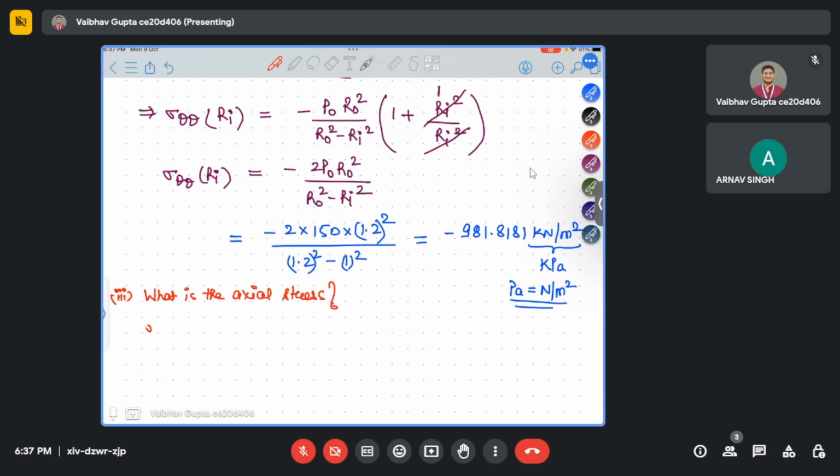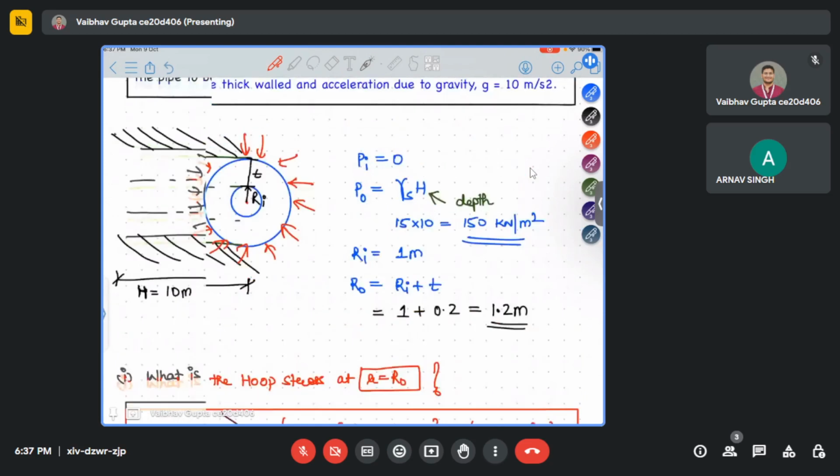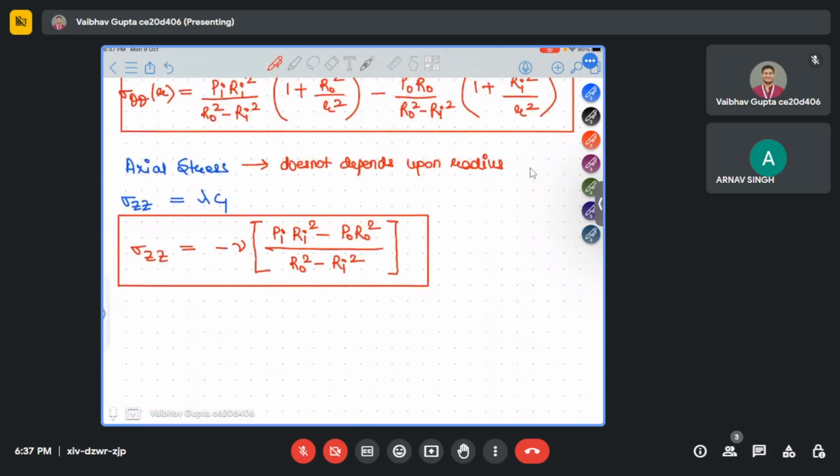Okay. Sigma ZZ. So as I have told you, sigma ZZ is independent of R. So sigma ZZ at R equal to Ri will be equal to sigma ZZ at R equal to R naught, because it is independent of R. Understood this point. So what is the formula for sigma ZZ?